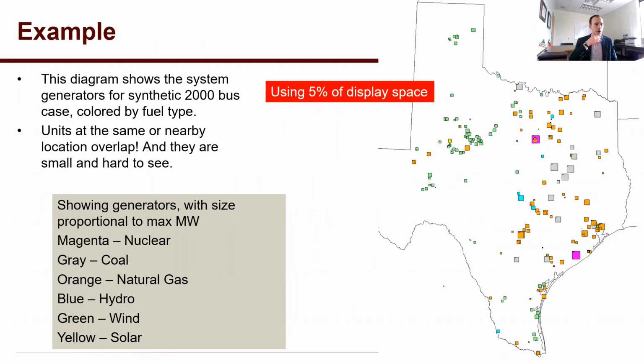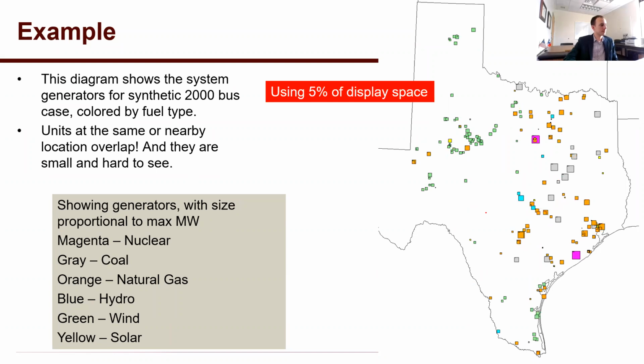I drew a square for each generator. I made the size of it proportional to the megawatt capacity of the generator, and then the fuel type is the color. So the orange ones are natural gas, and the gray is coal, and pink is the nuclear, and you have all this green wind out here in the west, and a few hydro and solar as well.